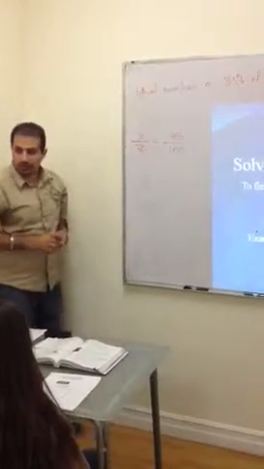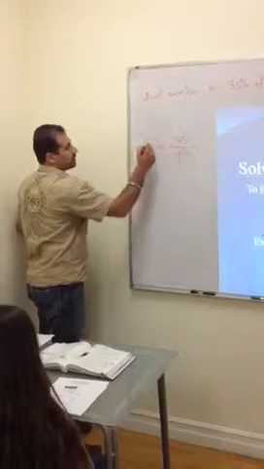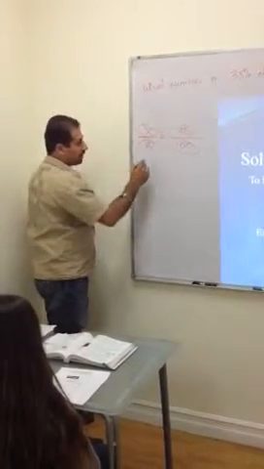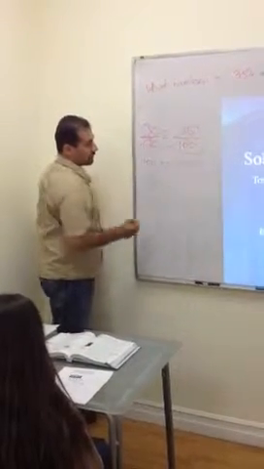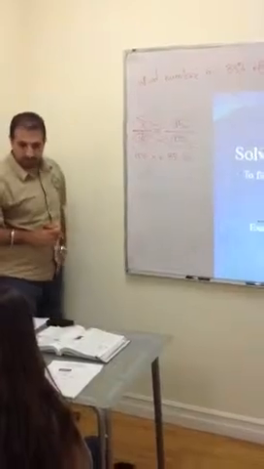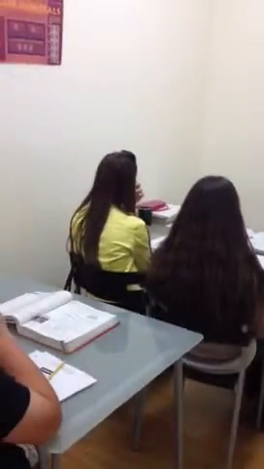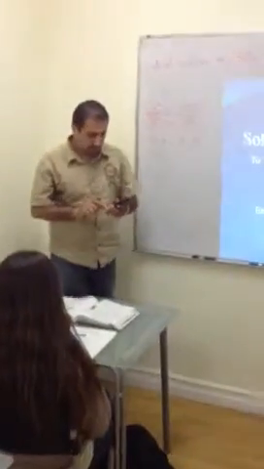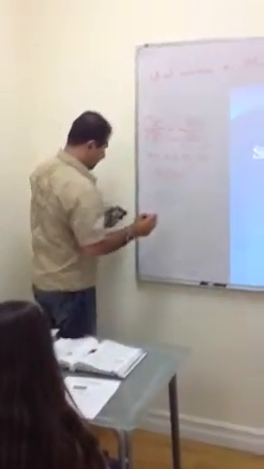So the way we solve it, we're going to use what? A cross multiplication, right? So we're going to say 100 times x equals 35 times 70. Correct? So let's quickly use a calculator. 35 times 70 divided by 100 gives us 24.5.